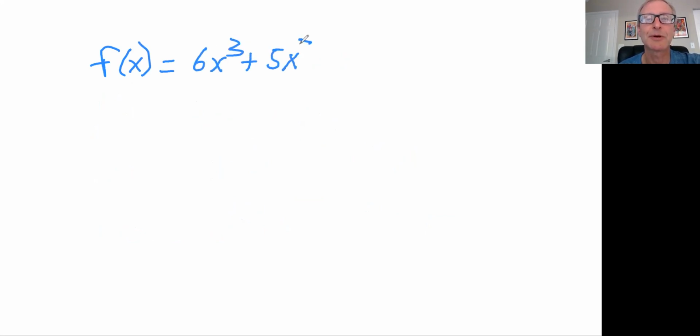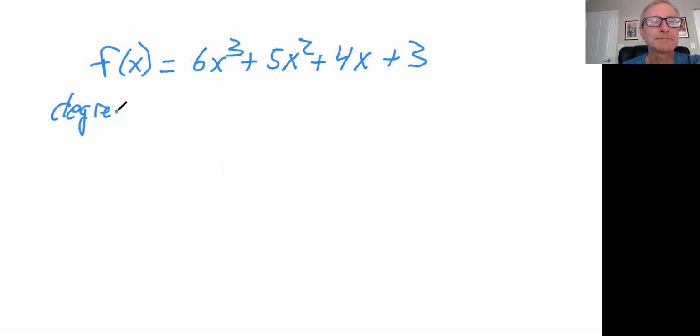So say like we had this equation here. Let's call it 6x to the third plus 5x squared plus 4x plus 3. So let me give you a couple more definitions. The degree of the polynomial is the highest exponent of x. And again, we call this n, and that would be this number 3 here.